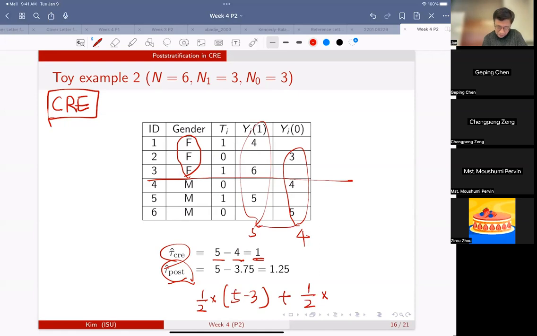In the male group, we have 5 minus 4.5. Another way is to compute half times 5, minus half times 3, and half times 4.5.